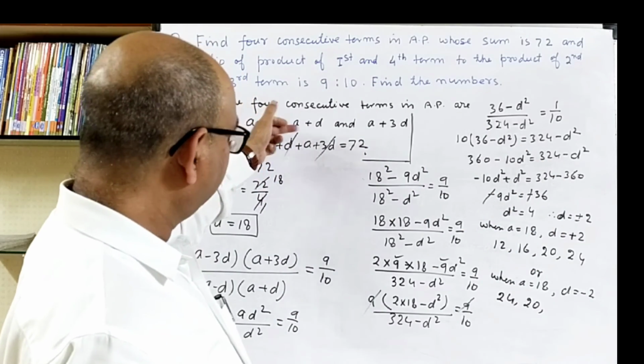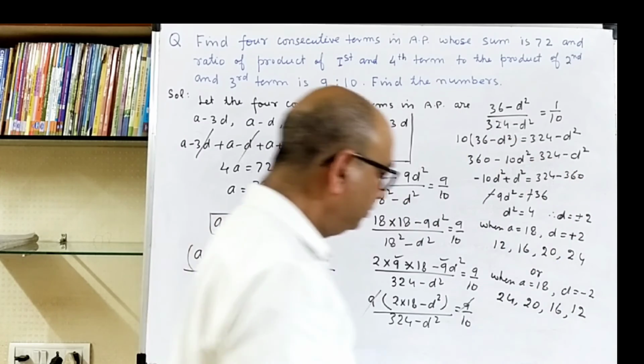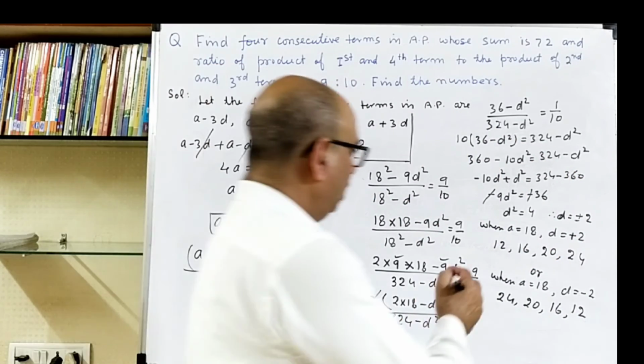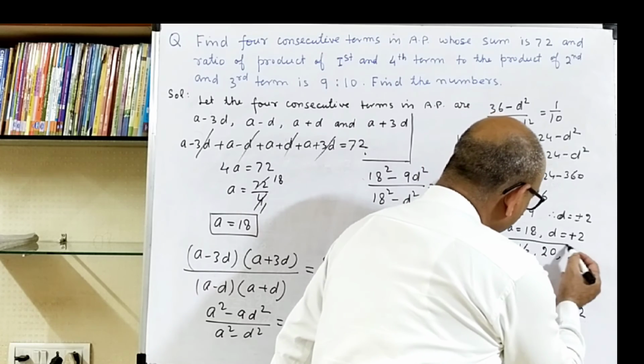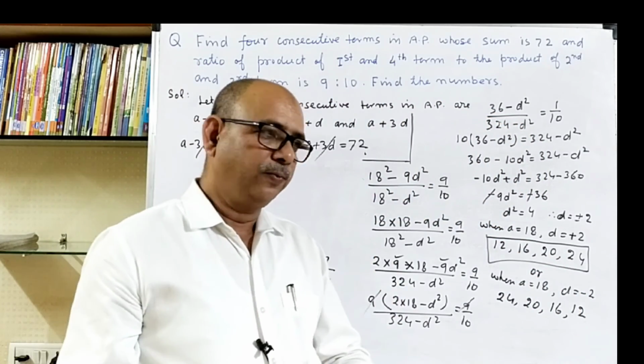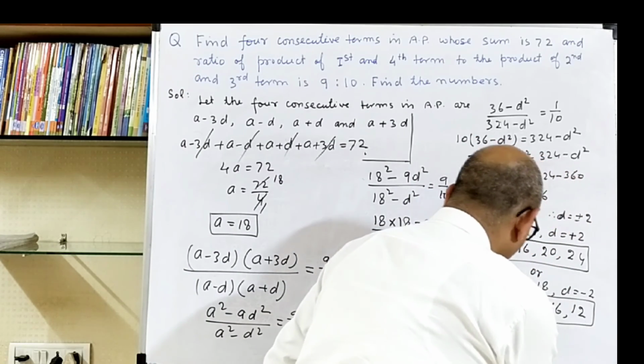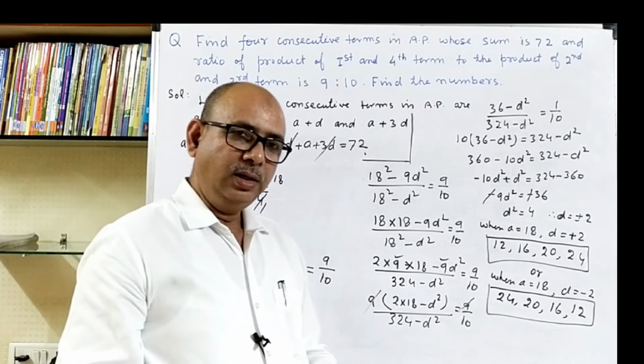A plus d, 18 minus 2 is 16, and this will be 12. So the four required consecutive numbers in AP are either 12, 16, 20 and 24, or 24, 20, 16 and 12.